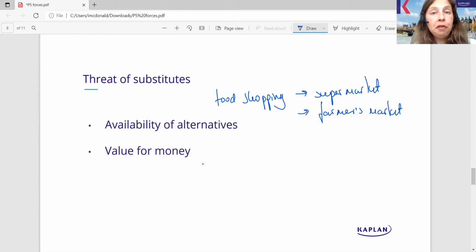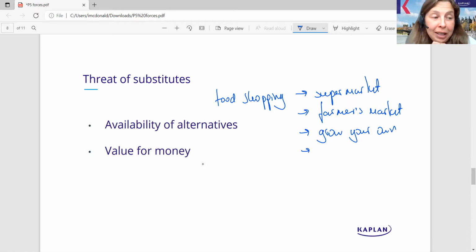Nicer choice, fresher products, but often at a higher price. For those of you that are very green-fingered and like gardening, you could consider growing your own, spending a bit of time on your allotment and growing your vegetables.